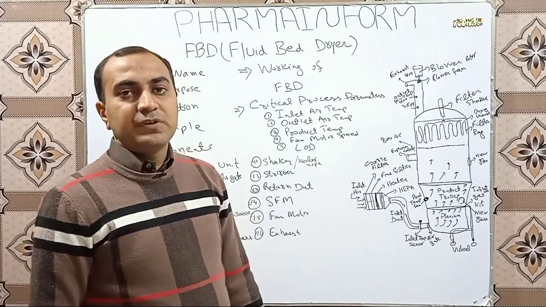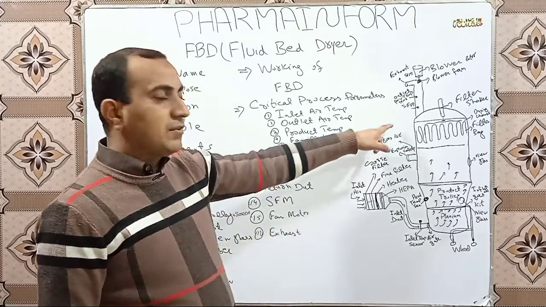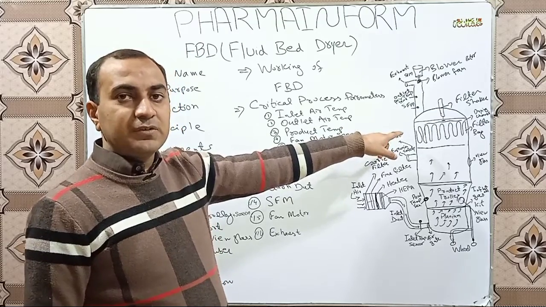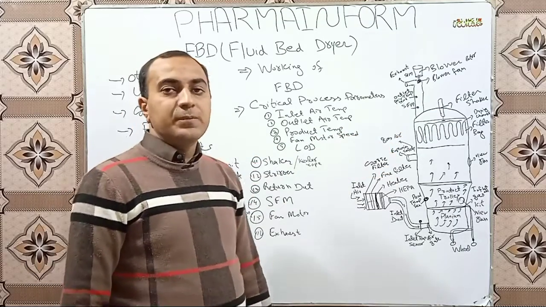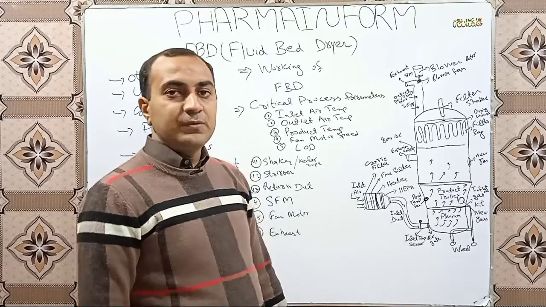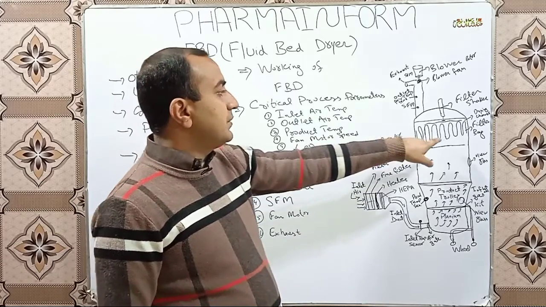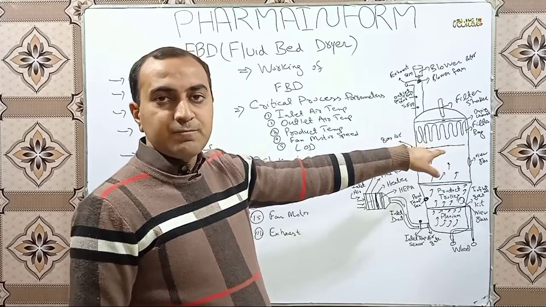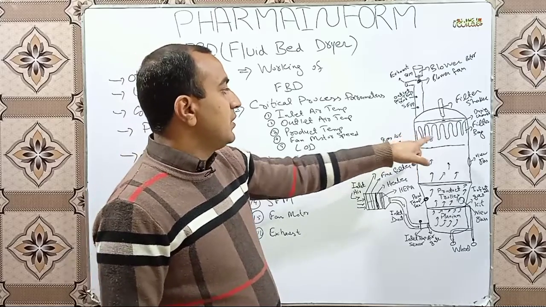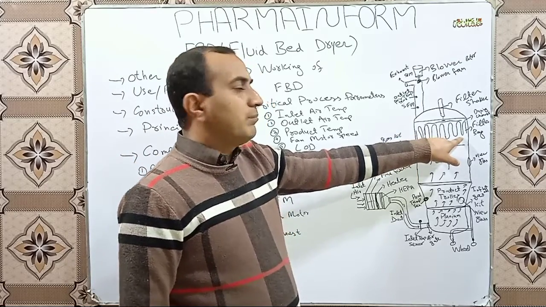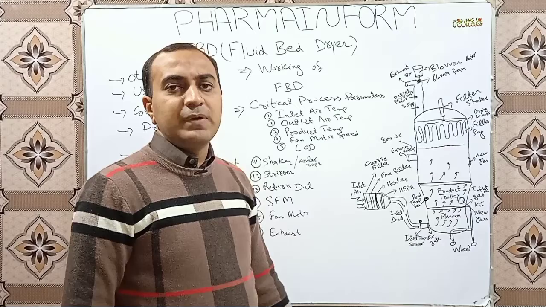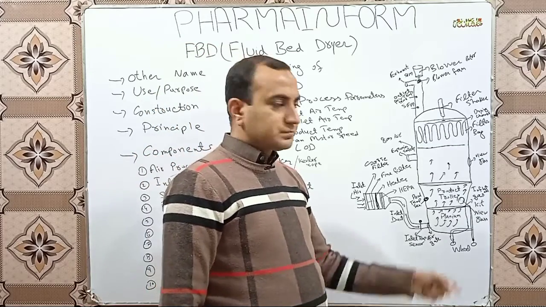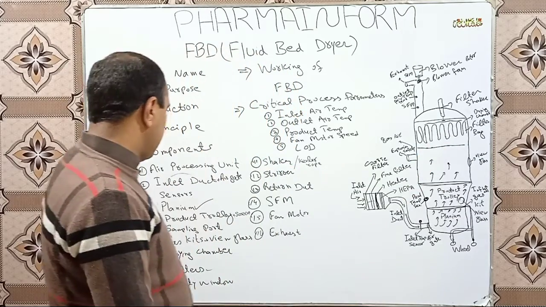Basically two types of filters are used. One is bag filters or canvas bag filters, also known as finger bag filters or candle filters, and in advanced types, SS or stainless steel filters are also used. We will discuss bag filters because commonly bag filters are used in the fluid bed dryer.